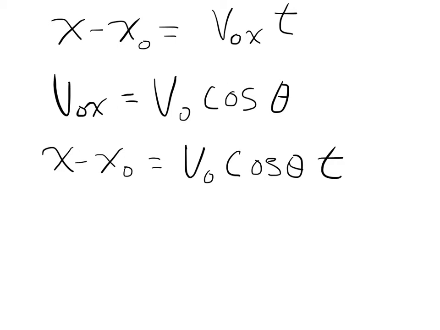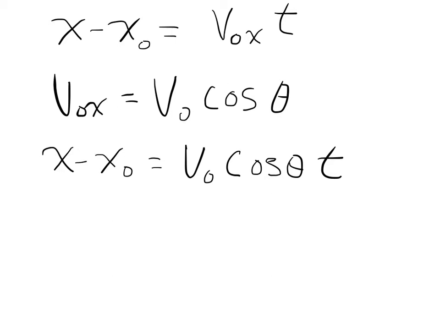Yeah, the total displacement in the x direction, if I can find out what t is, right? So that's where it's going to land, or the total distance that it will cover in some amount of time, as long as I know the initial velocity. So if I can find the time of flight of the object, then I'm good to go. Now I'll know exactly how far this thing went, right?